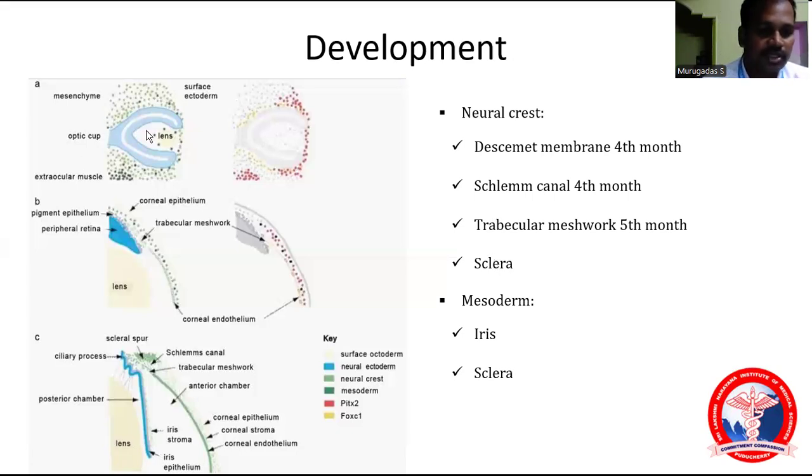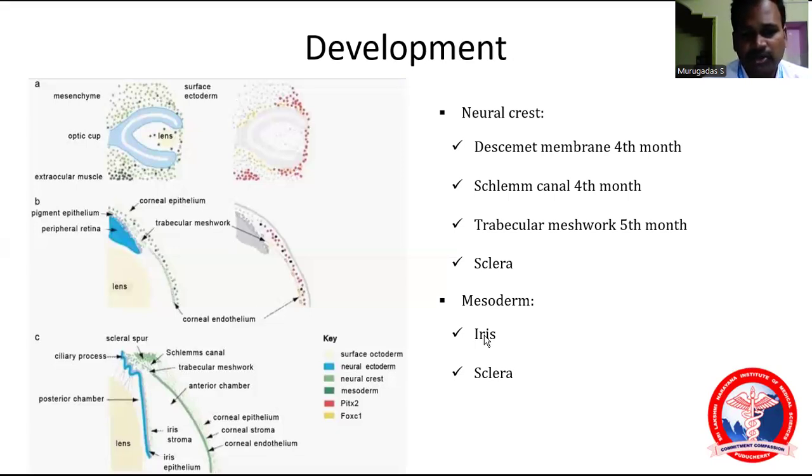In this picture, you can see the maximum part of the eye, including the layers of retina, has developed from the neural ectoderm. Coming to this angle, the cornea is developed from neural crest. Here you can see the green colored structures are the cornea and angle structures.